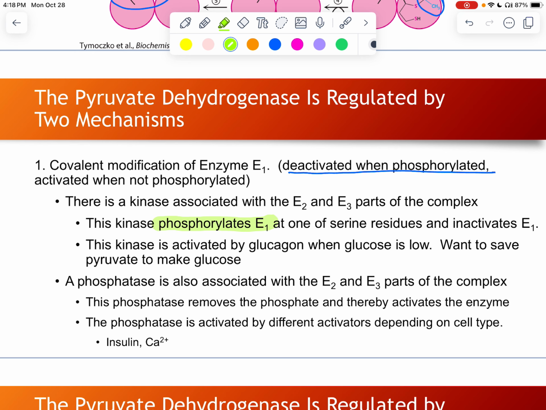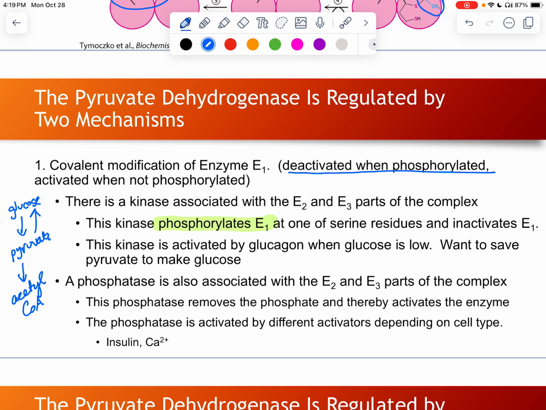So think about when we would want this deactivated. We know in our glycolysis, we were going from glucose to pyruvate, and we can go back this way, or now we can also take this irreversible reaction, pyruvate to acetyl-CoA. So we would not want to use our pyruvate to form acetyl-CoA if we have a need for glucose.